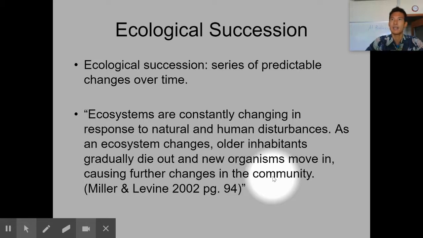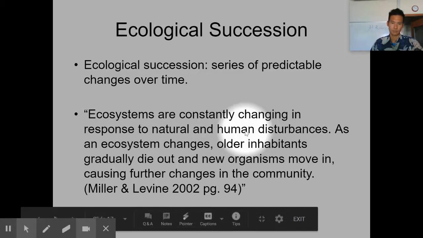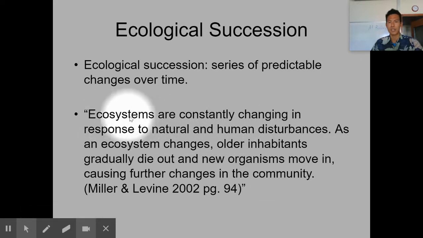In nature, the same thing happens. If there's land somewhere or if there's space for organisms, it will go through what's called ecological succession, a series of predictable changes. This is an excerpt from the textbook.